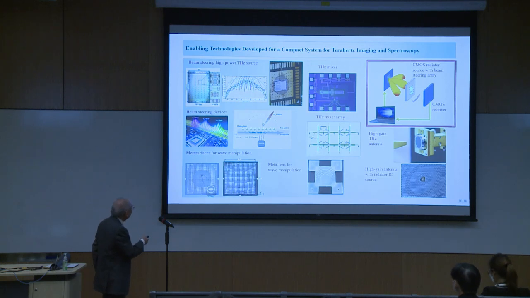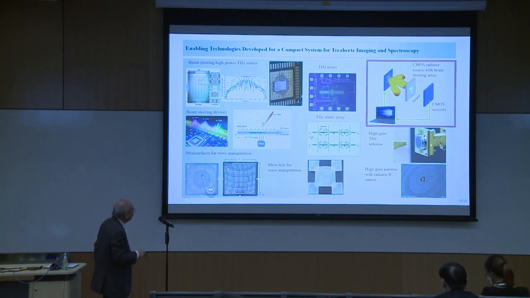So now we have demonstrated to you that we have developed many enabling technologies for a compact system for terahertz imaging and spectroscopy through the development of high-power terahertz source in the frequency domain, as well as enhancing the efficiency of the time domain terahertz generation.